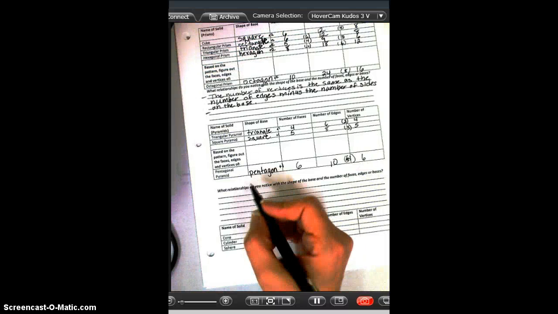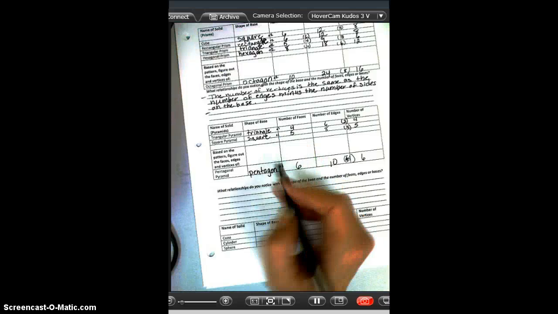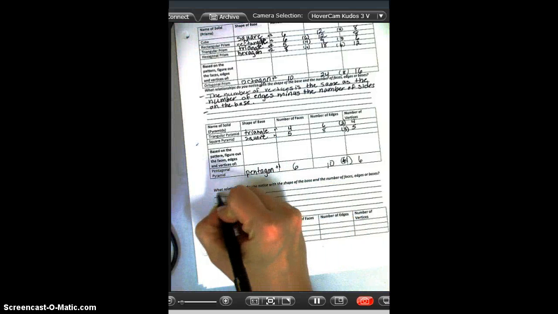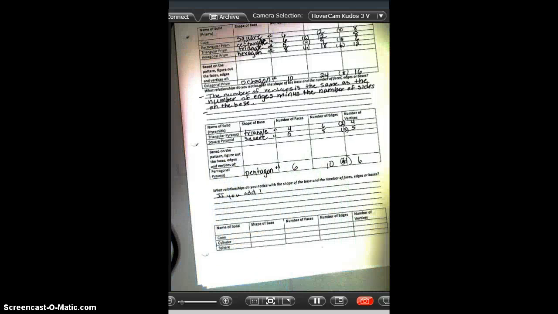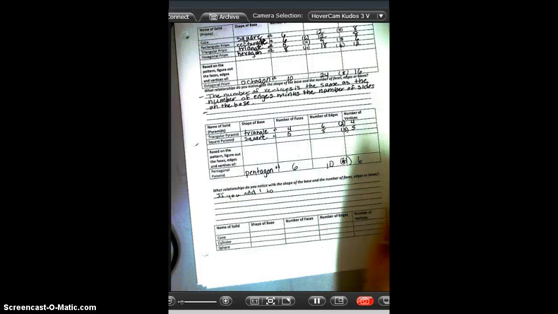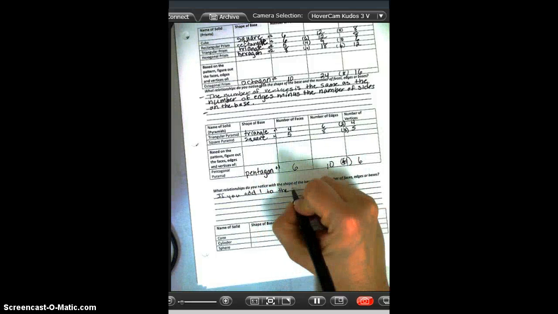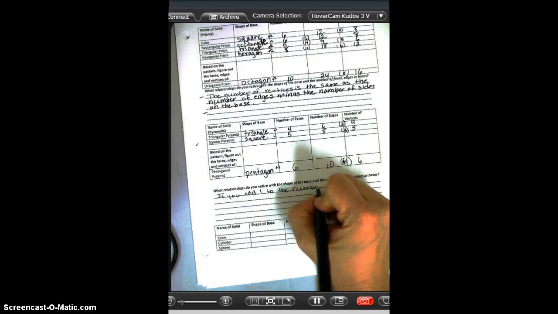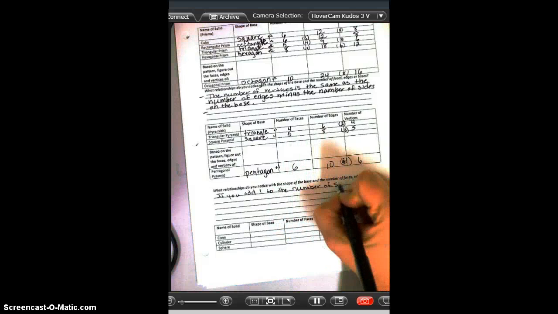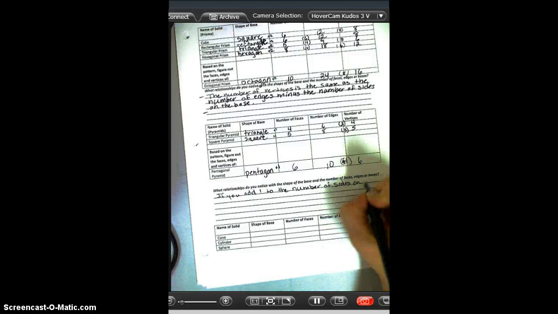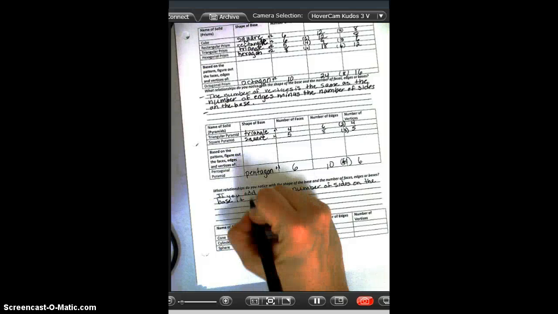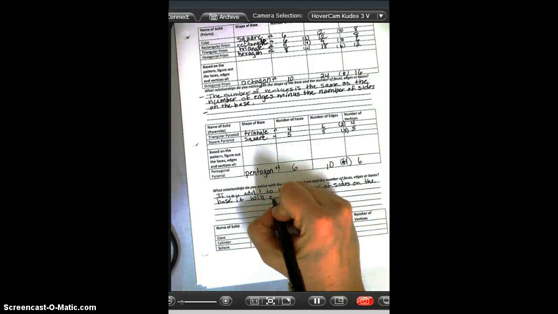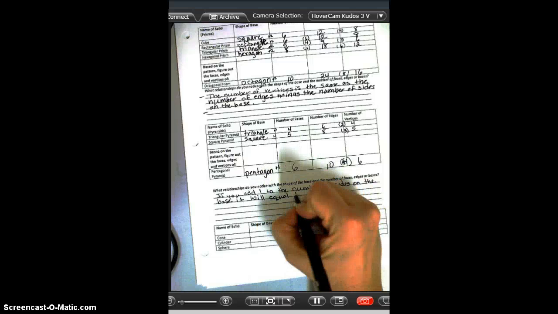Alright, so relationships that we noticed, a new one: if you add 1 to the number of sides on the base, it will equal the number of faces.